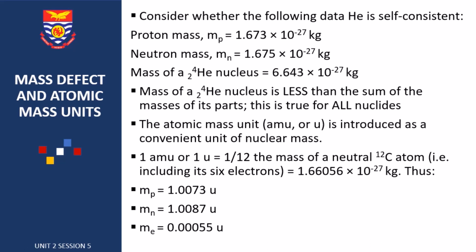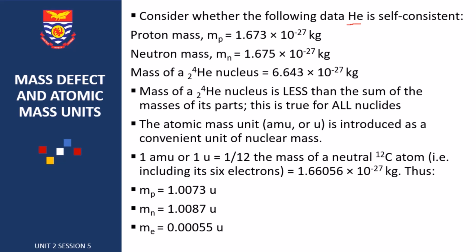When we consider a typical example in helium, helium has protons with mass 1.673 times 10 to the power negative 27 kilogram, and it has neutrons with a mass 1.675 times 10 to the power negative 27 kilogram.